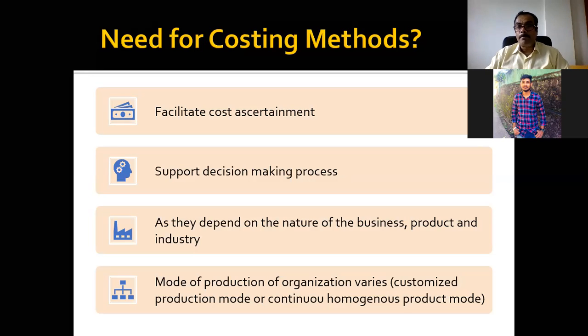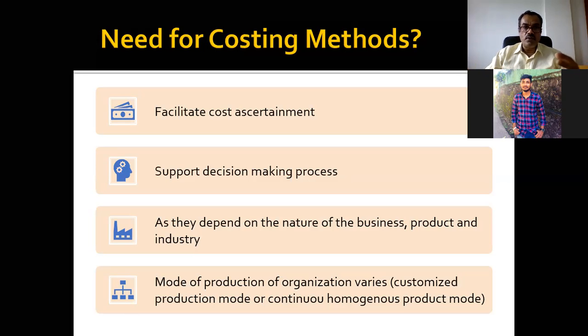And finally, different costing methods emerge as a result of the mode of production of the organization. In other words, how the production tasks have been organized. So one is the customized production mode or the continuous homogeneous production mode.